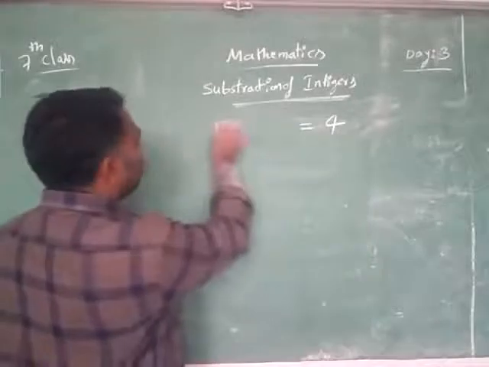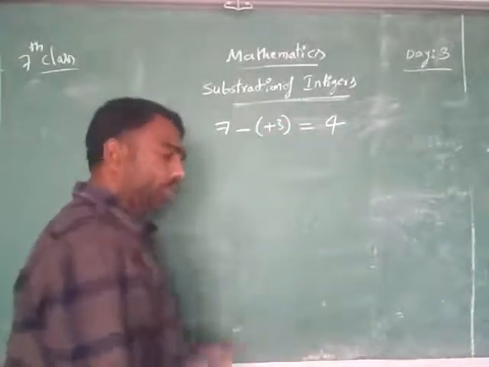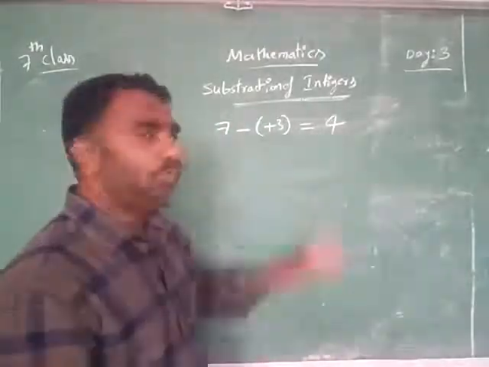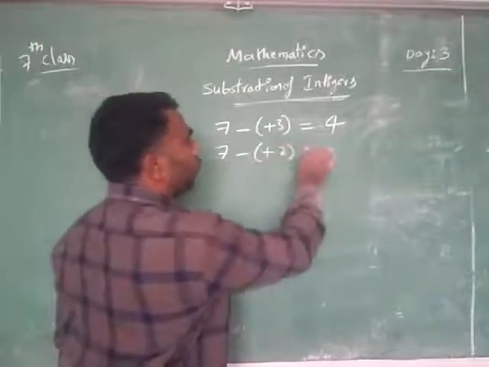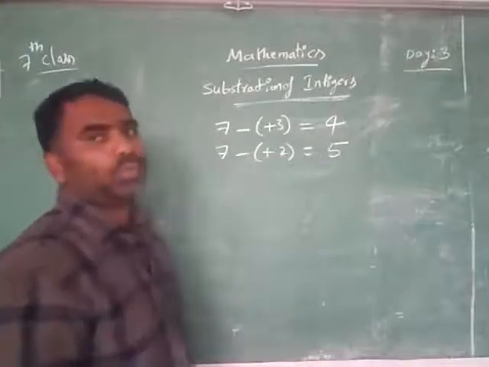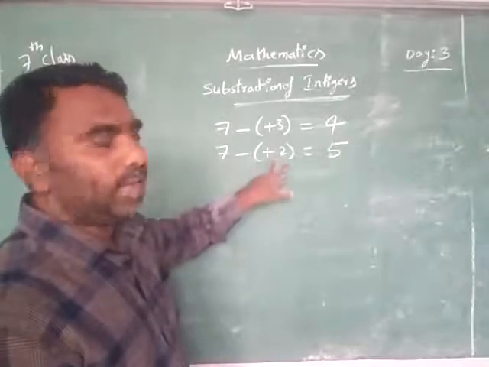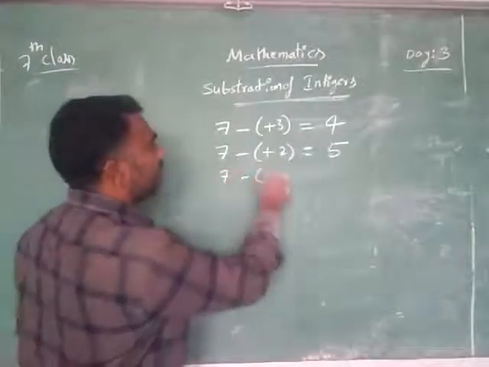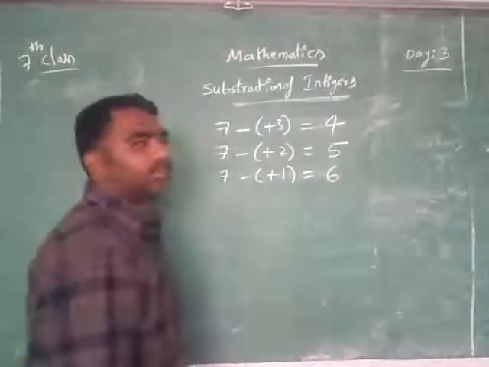Try to understand: 7 minus plus 3 means 7 minus 3, which is 4. 7 minus 2 is 5. 7 minus plus 2: 7 chocolates are there, plus 2 means 2 chocolates I ate. The answer is 5. 7 minus plus 1, the answer is 6.